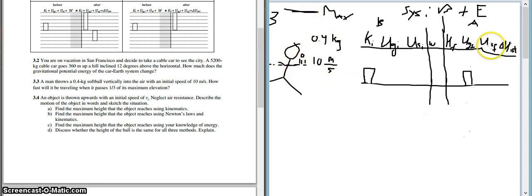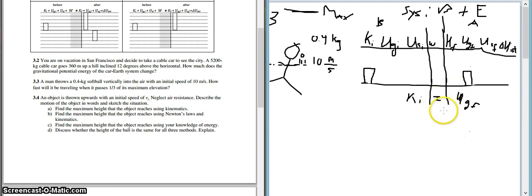Now, there's no potential elastic energy, and there's no change in internal energy, so these two are equal. Initial kinetic energy is equal to final gravitational potential energy.